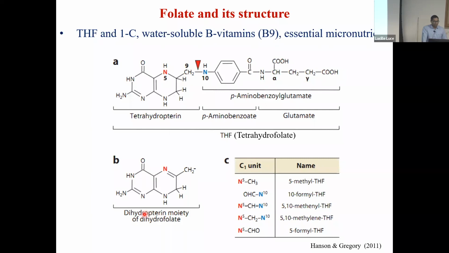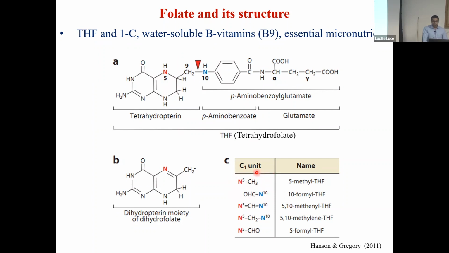The pterin ring can exist in both dihydrofolate and tetrahydrofolate forms. Only the tetrahydrofolate form has cofactor activity. The N5 and N10 positions of tetrahydrofolate can be attached to different C1 derivatives at different oxidation states.